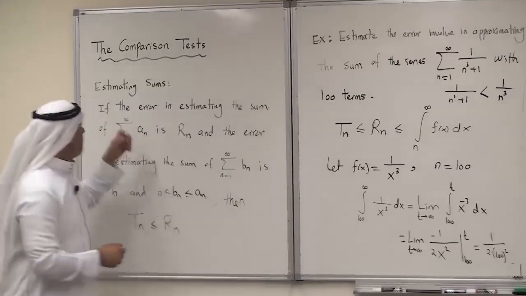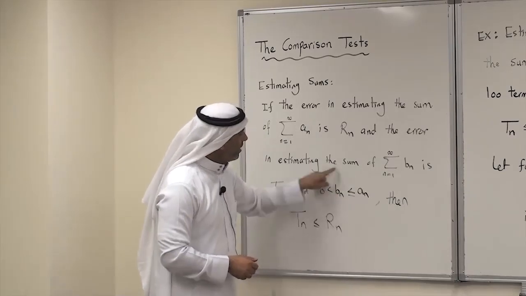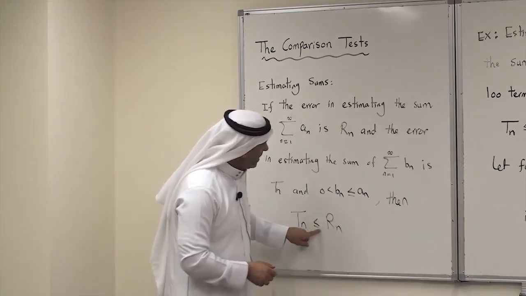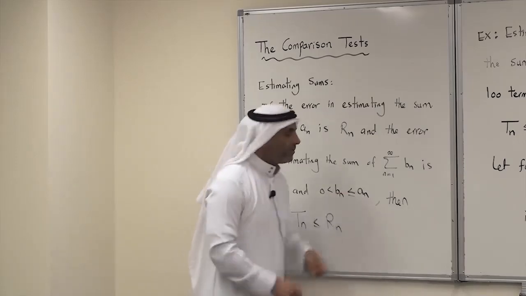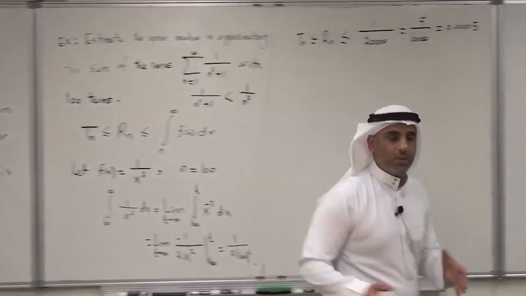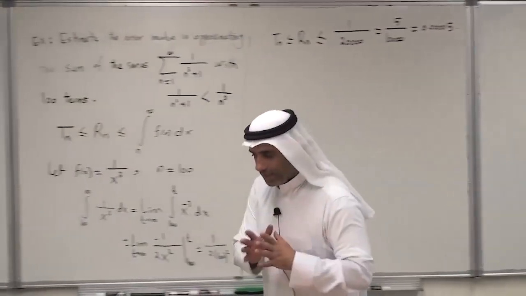Finally, if we have an greater than or equal to bn, the error involved in adding terms of this, call it Tn, is less than or equal to the error involved in adding the same number of terms in the series containing an. That is what we call comparison test, limit comparison test, and estimating sums.